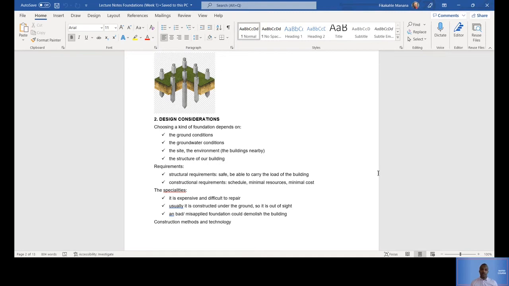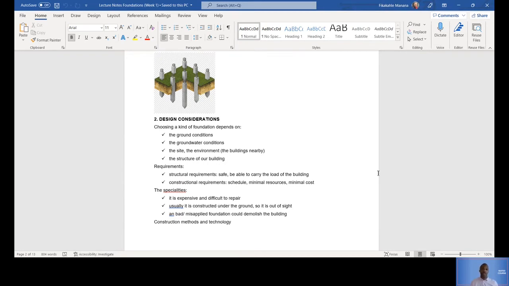Okay, and then we'll talk about the structure of the building as well. You need to consider all of this. By the structure of the building, I mean, is it a high-rise building, or just a one-story house that you are building?